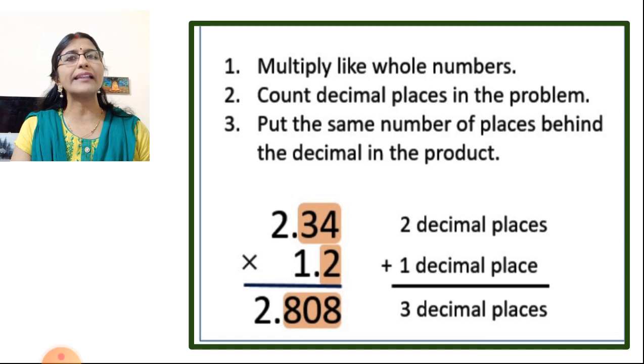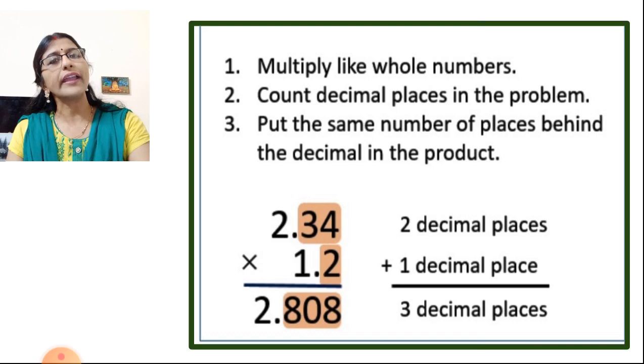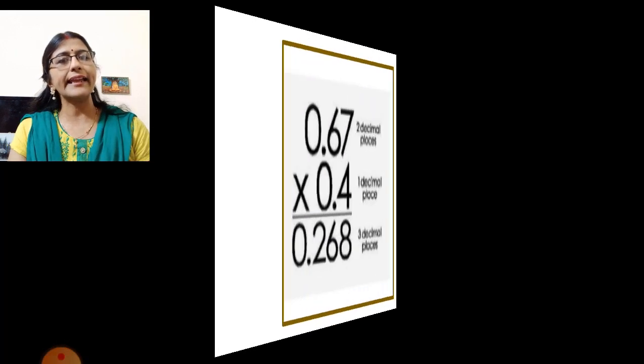So 2 plus 1, you will get 3 decimal places. Now in the product, you have to count 3 decimal places. So 8, 0, 8. So these 3 numbers, and before 8, we will give the decimal point. So you can see after the decimal point, there are 3 decimal places. So the product will be 2.808.